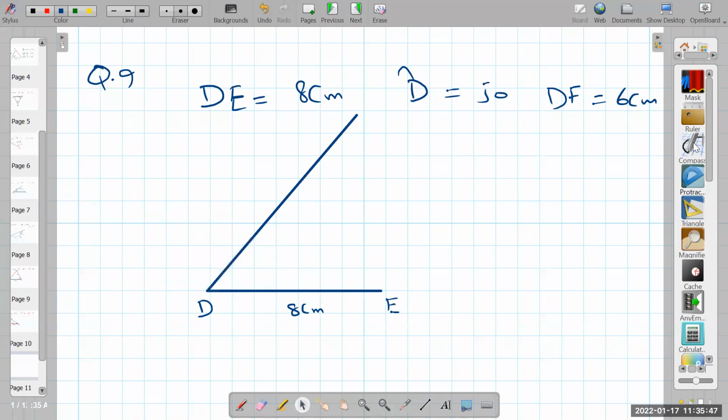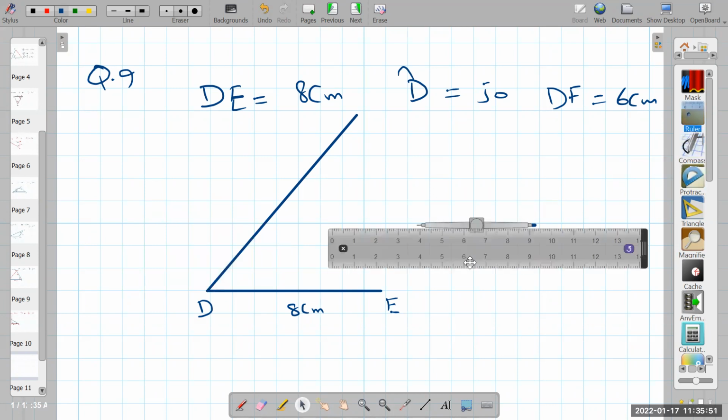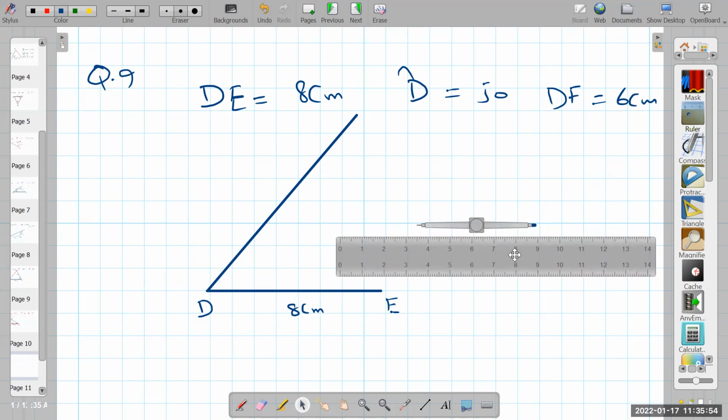What should we do? We will take a compass and scale. Open DF 6 centimeters. Put the needle on 0 and open the compass 6 centimeters. This is 6 centimeters.